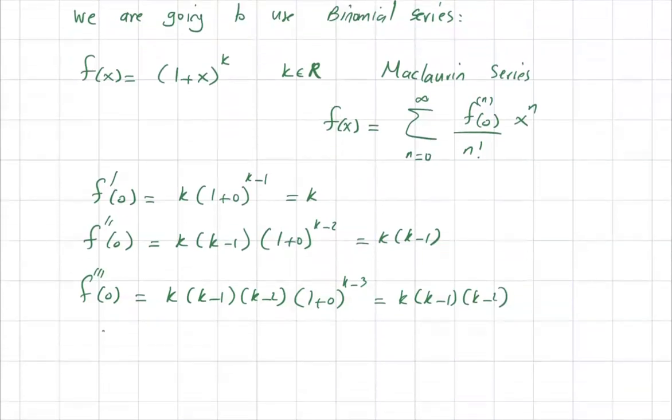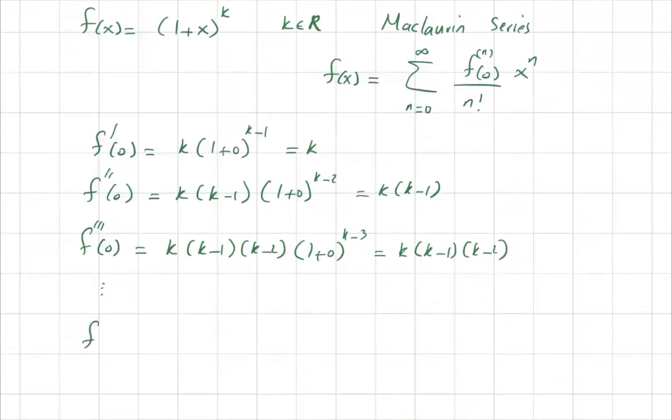You continue this process and you see that the nth derivative of f at 0 is equal to k, k minus 1, k minus 2, and so on, until k minus n plus 1.